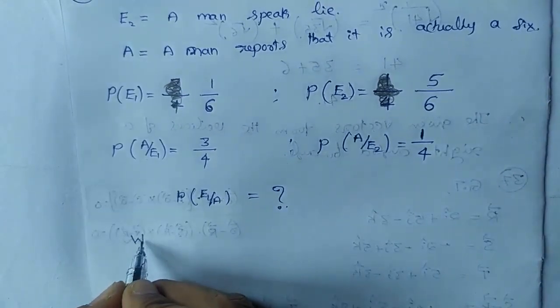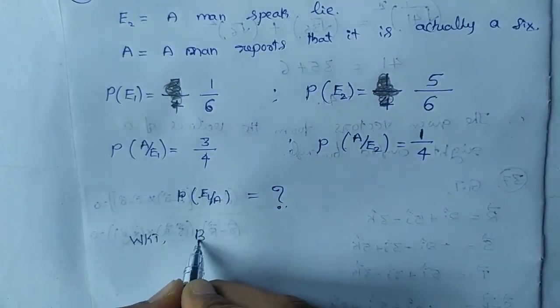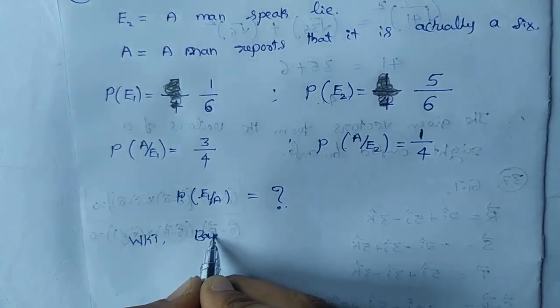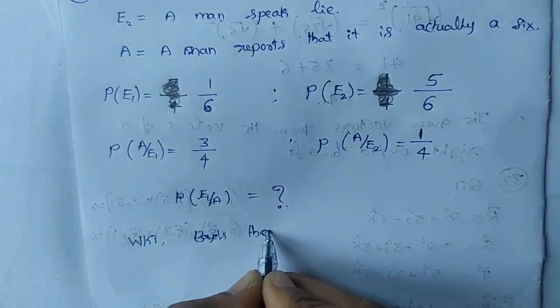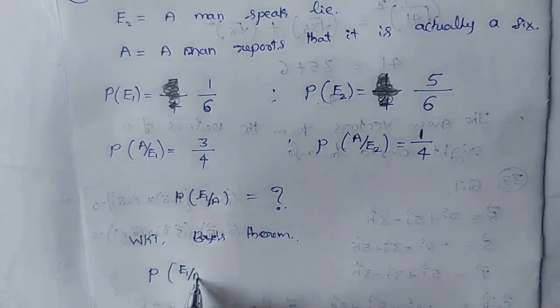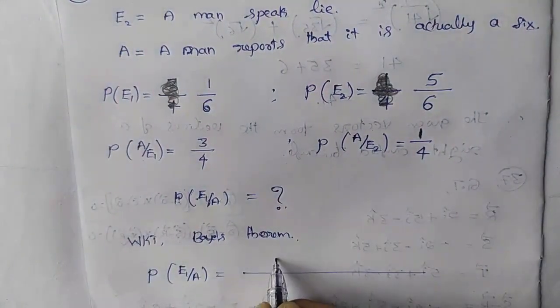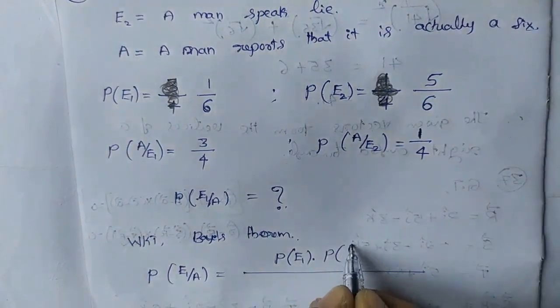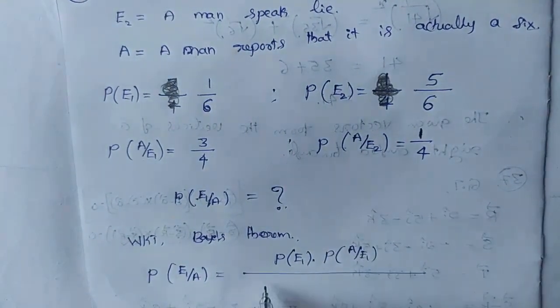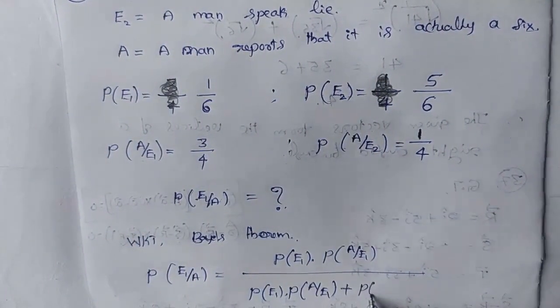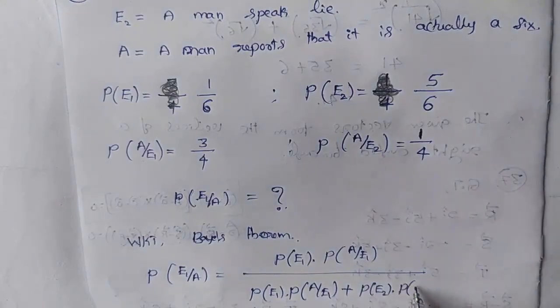We know that by Bayes theorem, probability of the event E1 by A equals P of E1 into P of A by E1, whole divided by P of E1 into P of A by E1 plus P of E2 into P of A by E2.